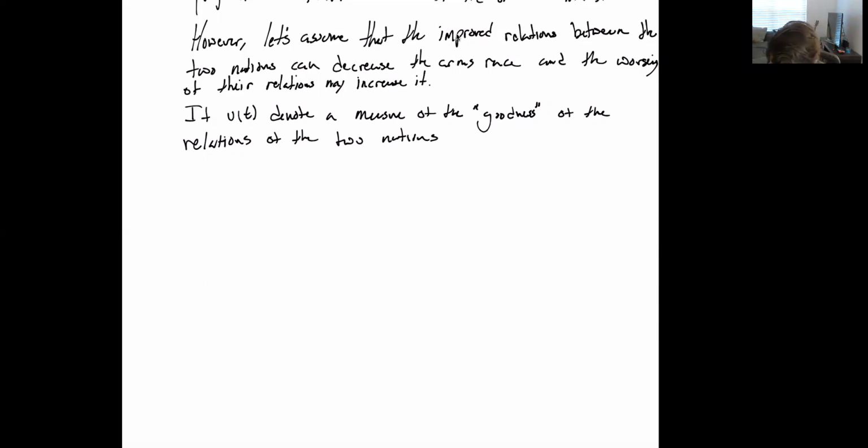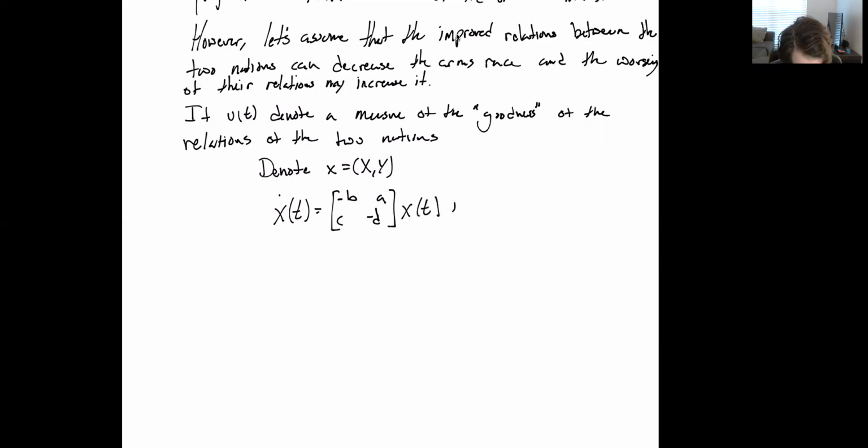If we denote little x as equal to y and x, then we can write this system as a linear system: x dot equals the matrix minus b, a, c, minus d, times x of t, plus alpha, beta times u of t.